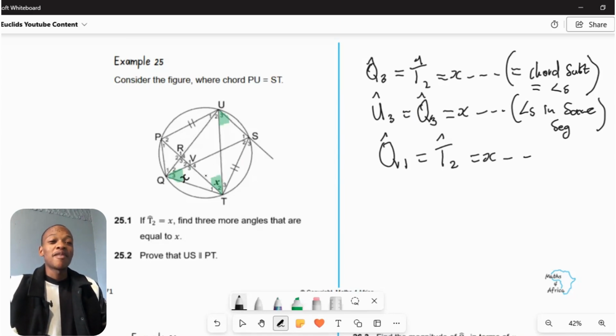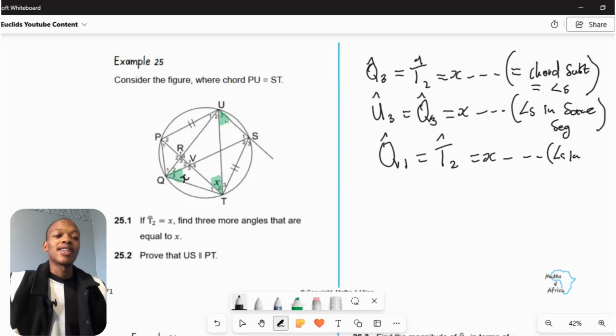So angles in the same segment, or you can go for equal chords subtend equal angles, of which for that one it will be equivalent to T2. Yeah, it can also be T2 because they are subtended by PU, which is equal. It's common for both. Or you can go for Q3 because they are subtended by the equal chord ST. It's up to you. So that is that.